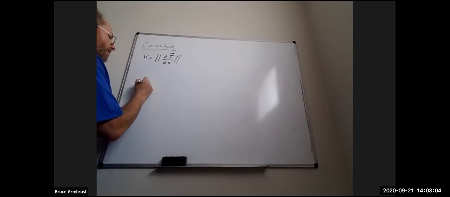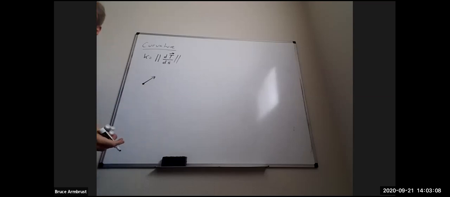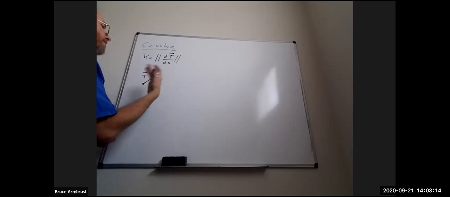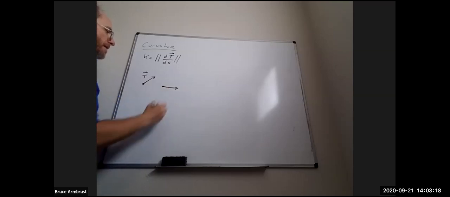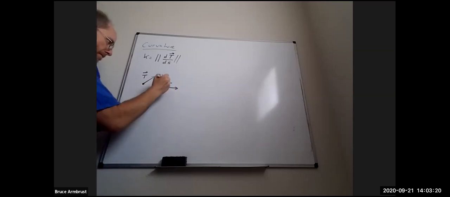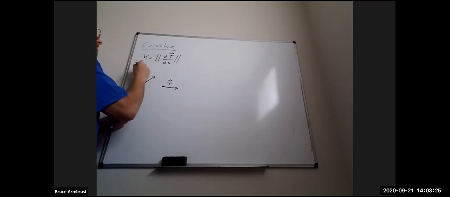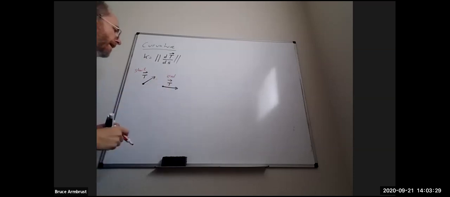So let's say we're starting here with a T that does this, just for the sake of having something, okay? And then it's going to change to this. So we're going to start with a unit tangent vector that looks like this, and we're going to end with one that looks like that.